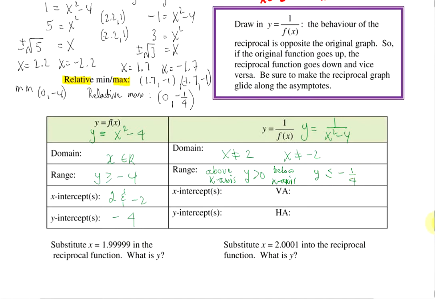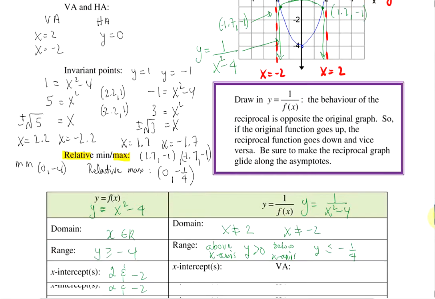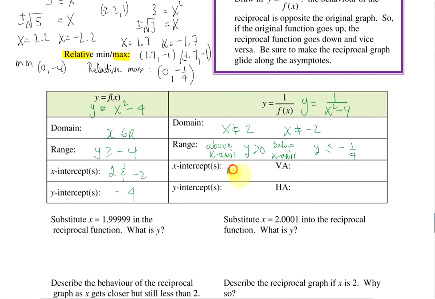All right, do we have any x-intercepts on our reciprocal function? There are none. There's no part on this graph where the line will cross over the x-axis. And so we have no x-intercepts. We have vertical asymptotes though, one at x equals 2 and one at x equals negative 2.